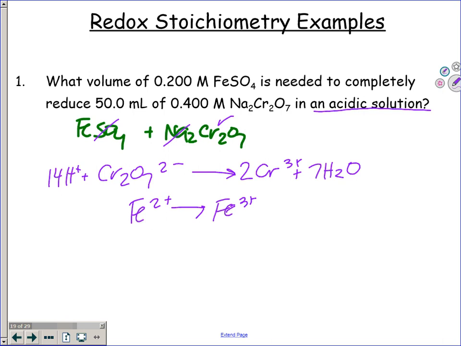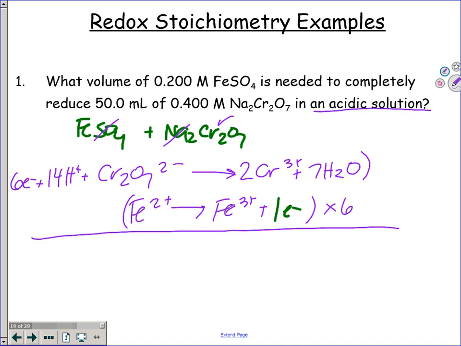Yep, because this is a 12 plus overall, this is a 6 plus overall, so 12 plus needs to go down by 6 electrons to get me to 6 plus. Iron: 1 electron, because it's being oxidized. That looks like a 6, but that is a 1. 1 electron. And then coefficients, what do I need? So multiply the top one or bottom one by 6.